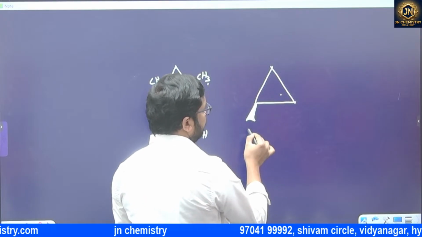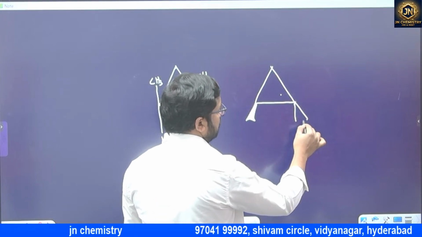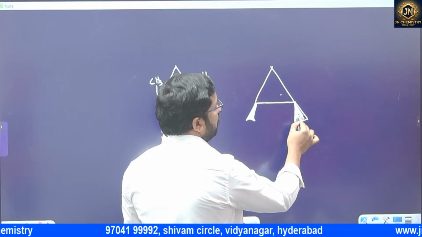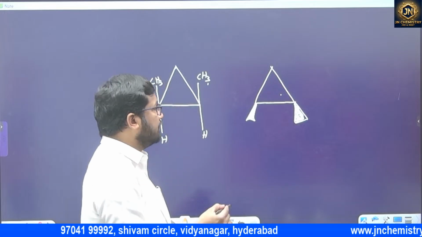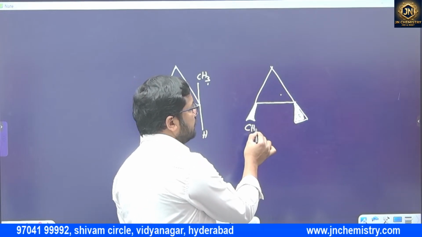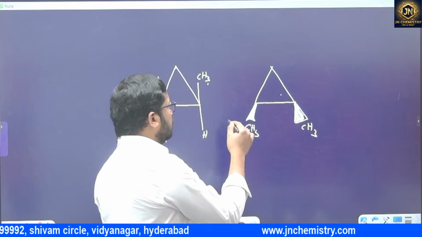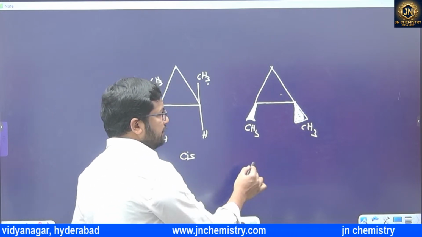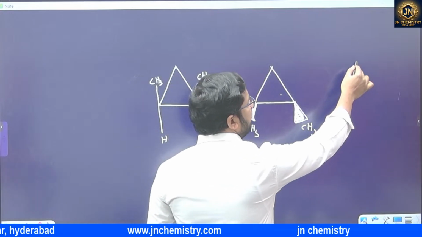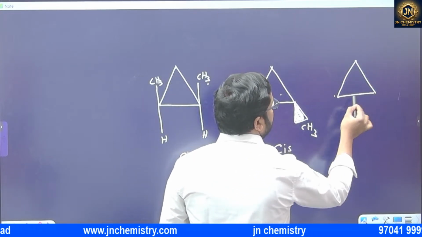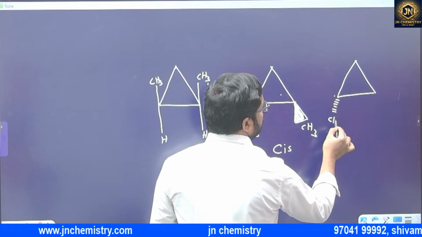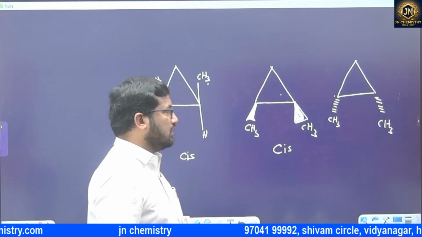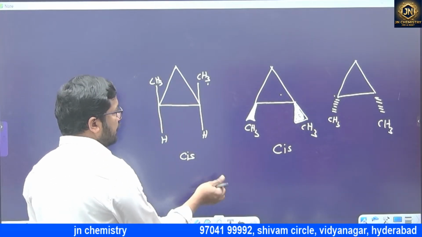In stereochemistry, thick line means towards the observer. Dotted line means away from the observer. So CH3, this is cis. This is also the same, cis. Otherwise we can write the same with the dotted line. All are cis. So how can we write the trans for this?